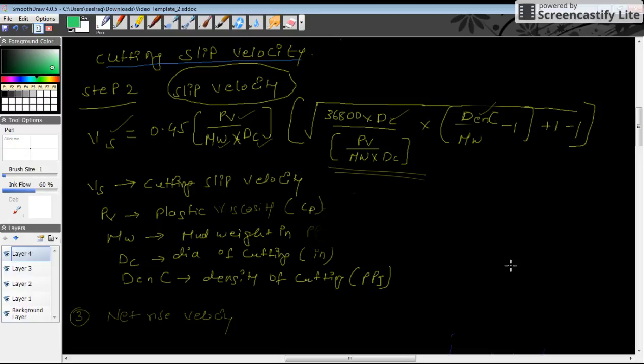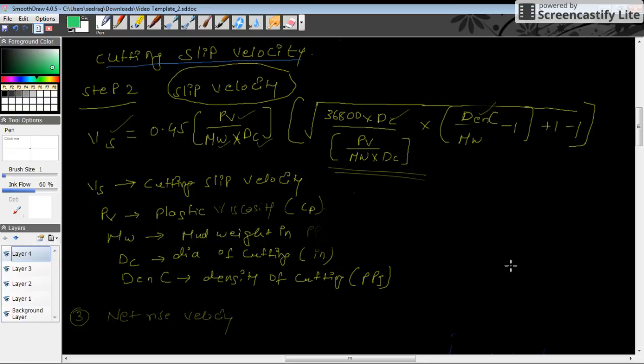In the previous session, we discussed what slip velocity is and how we are going to calculate it. Slip velocity is the velocity of a drill cutting traveling in a wellbore. We need to determine slip velocity to know the hole condition, whether it is properly cleaned, and whether the cuttings being generated are taken out of the hole or not.